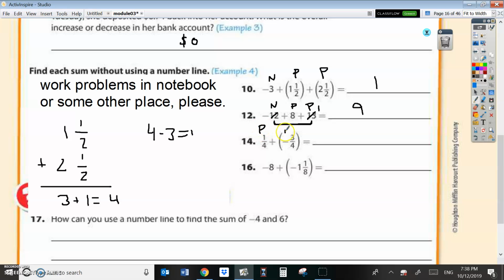Positive, negative. So 3/4 minus 1/4. Two-fourths. And that's negative. But negative 2/4 can be reduced to negative 1/2.